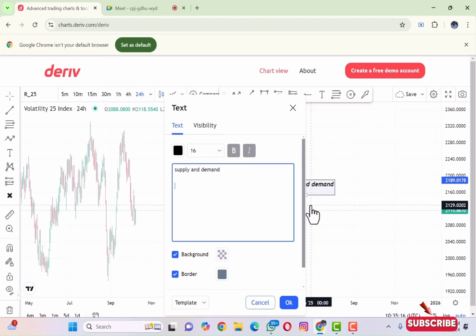We are going to look at order block, and we are going to look at a breaker block.